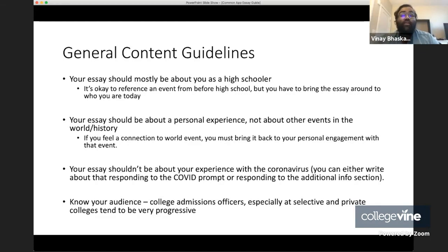Now, I could write an essay about Jallianwala Bagh, but the way I would do that would have to be about how that event set up conditions that affect who I am as a person today. Jallianwala Bagh, for example, is one of the elements that created a free India. It was one of the long list of atrocities that led up to India being able to gain its own independence, right? And there's a line you can draw from that to who I am today as a person.